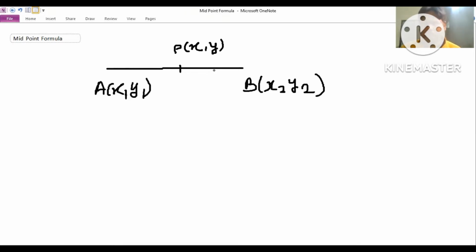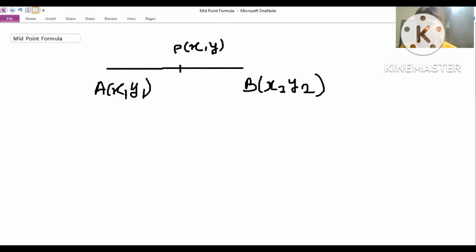Now here what I want to tell you is that this line segment has been divided into two equal halves, which means the ratio of the division of these lines is going to be the same. Fine friends.